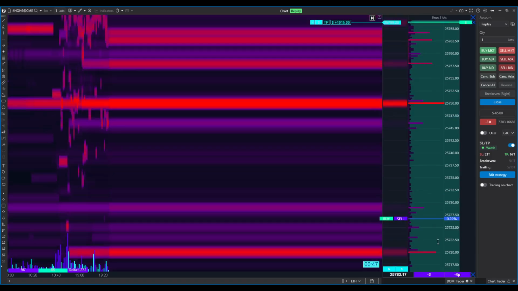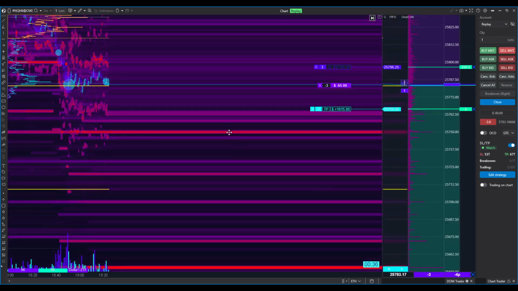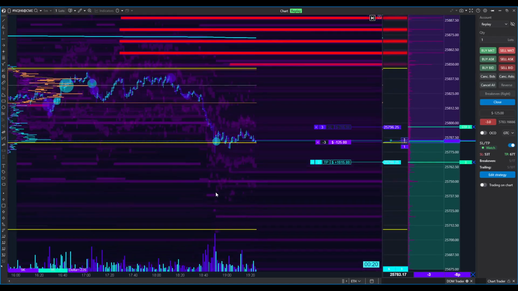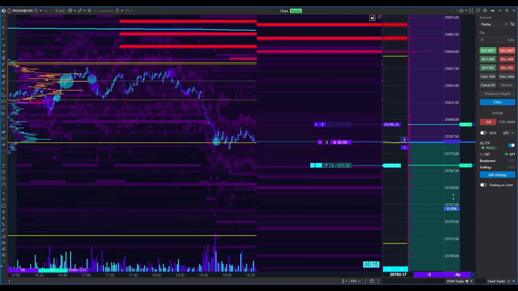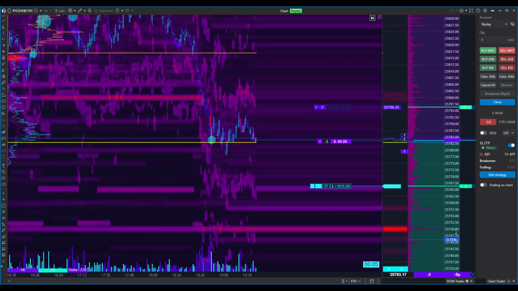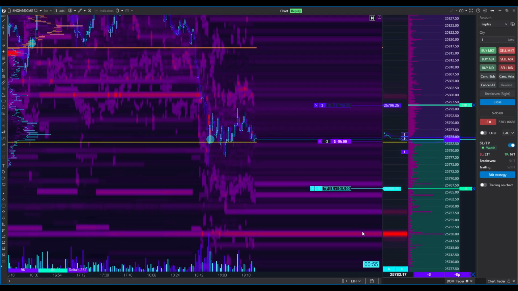So we got 30 minis at this level. 30 minis at that level. So you can see the major POC.